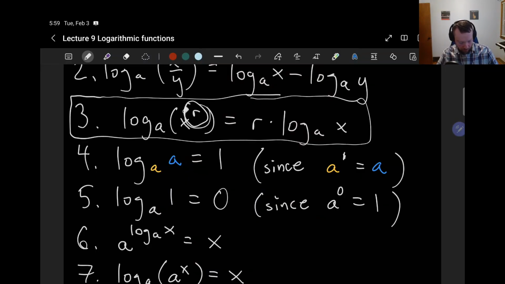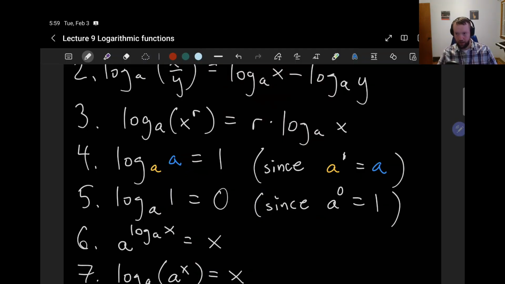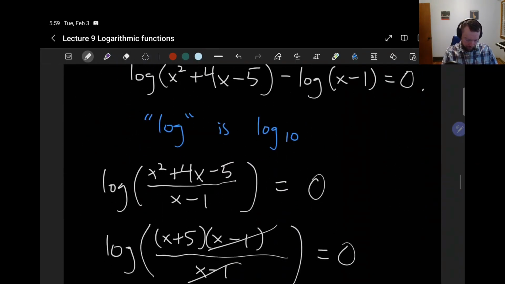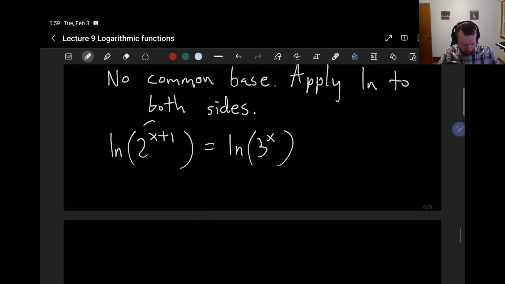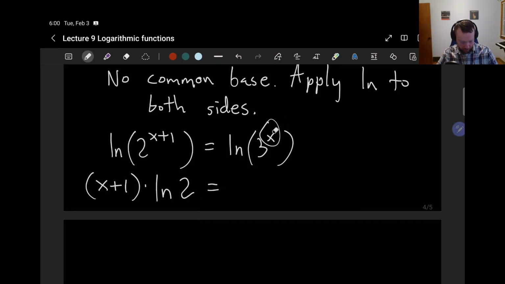This exponent can come out, and then it's not an exponent anymore. So this x plus 1 can come out as a factor. Likewise, this x can come out.